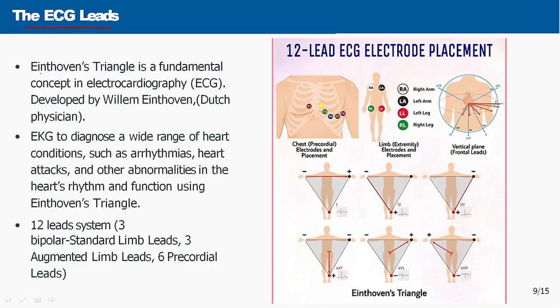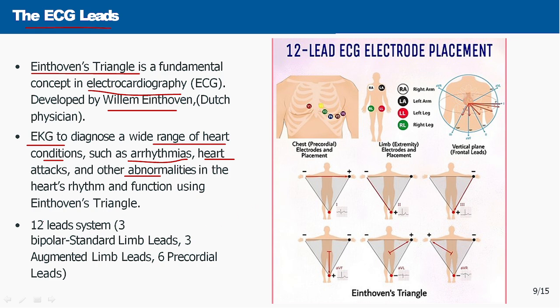Actually, it is based on a triangle, we call it Einthoven's triangle. It is the functional concept of electrocardiography, developed by Willem Einthoven, a Dutch physician. The ECG is used to diagnose a wide range of heart conditions such as arrhythmia, heart attack and other abnormalities in the heart's rhythm and function using this Einthoven triangle.